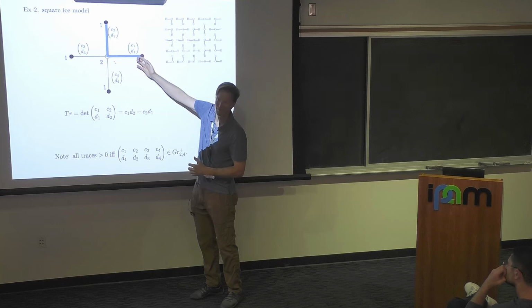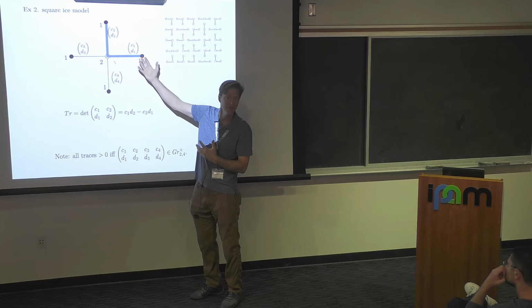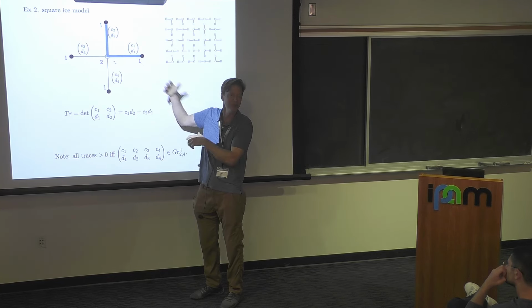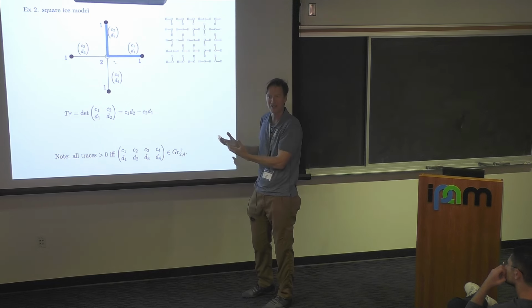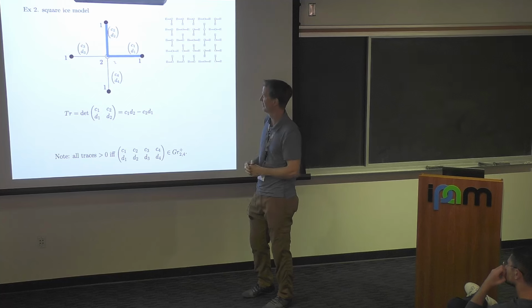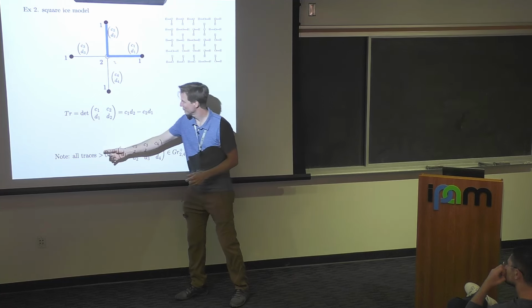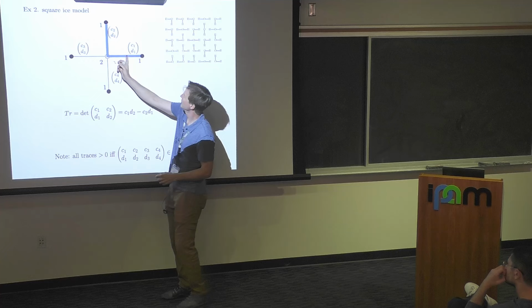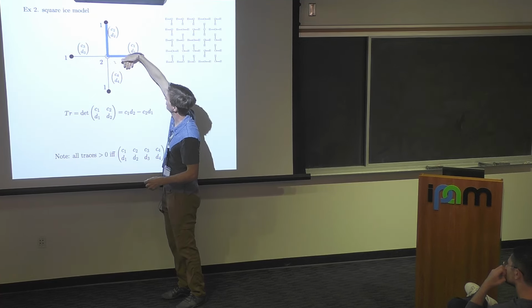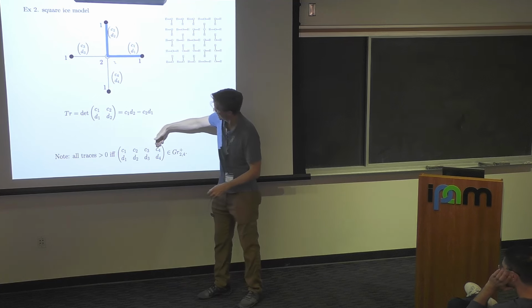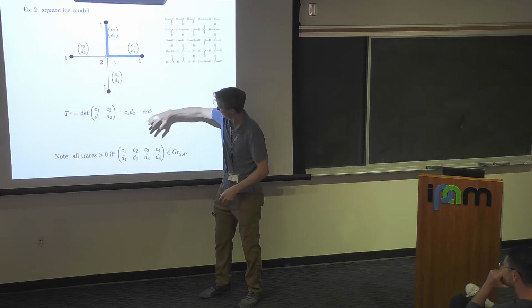So if you want all your traces to be positive, if we want to do probability on these objects, we would like every web to have a positive trace. The traces will be positive if you look around each white vertex, there are these 4 vectors of size 2 by 1. You make them into a 2 by 4 array.